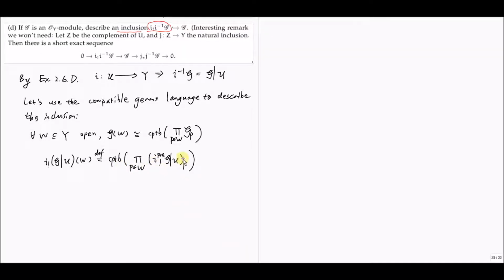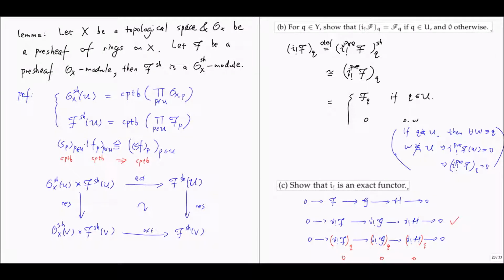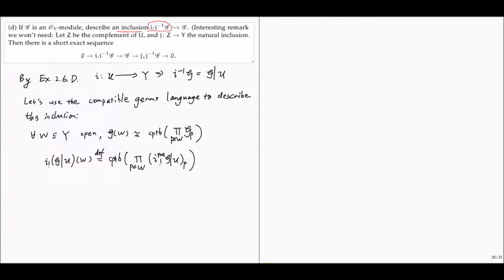Now, what is the stalk of i^{-1}G restricted to U? By part B, we know it is equal to the stalk of this sheaf if Q is in U and 0 otherwise, where U is the domain of this sheaf F. Therefore, this is equal to the stalk of G at P if P is in U and 0 otherwise.